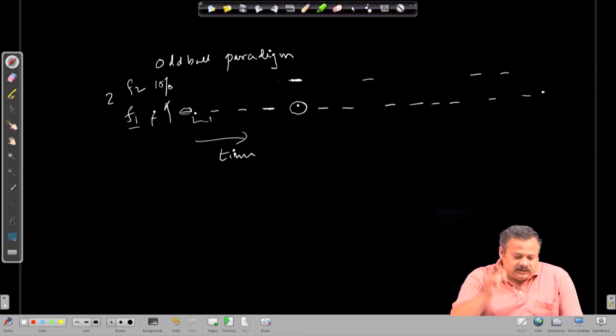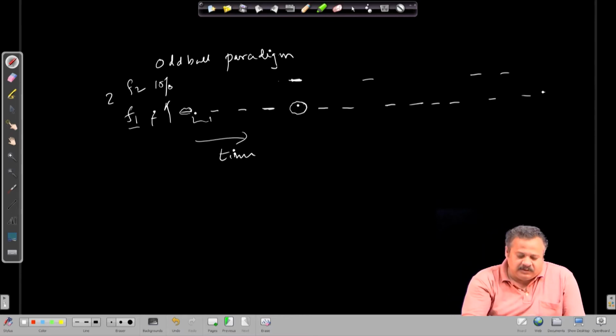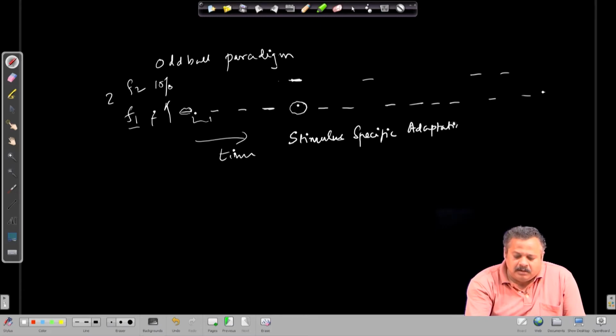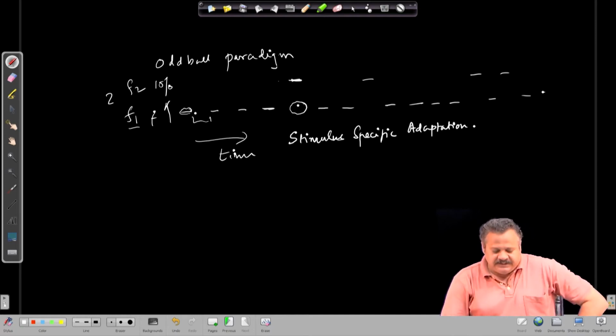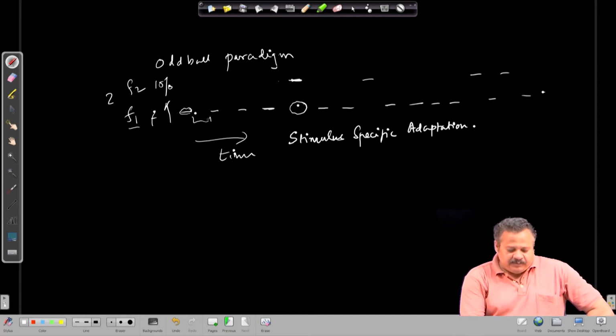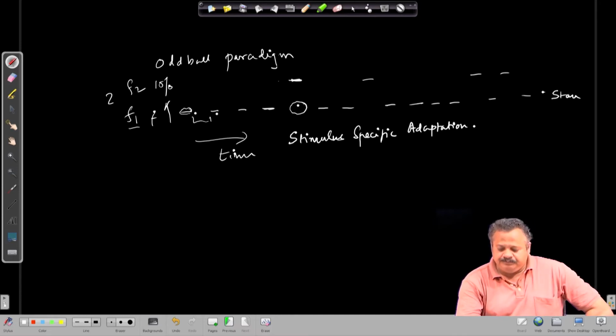The phenomenon that we will talk about is called stimulus specific adaptation. In this case, the f1 is also called the standard tone, and the other is the oddball or the deviant tone.